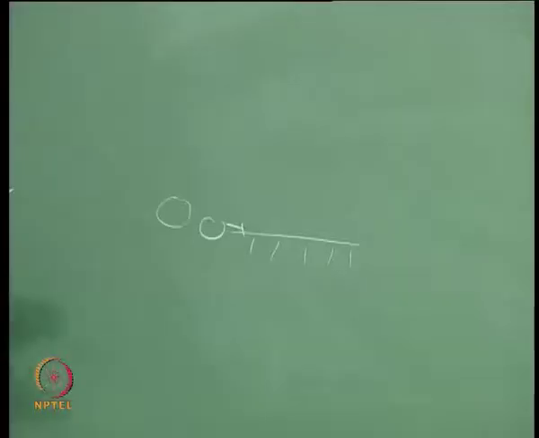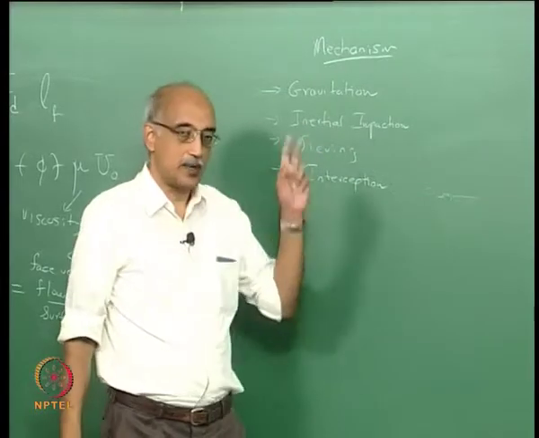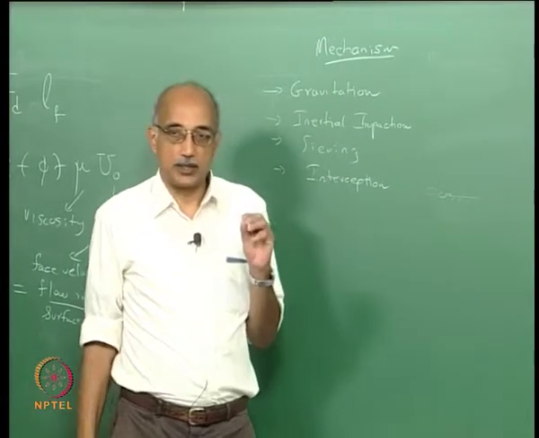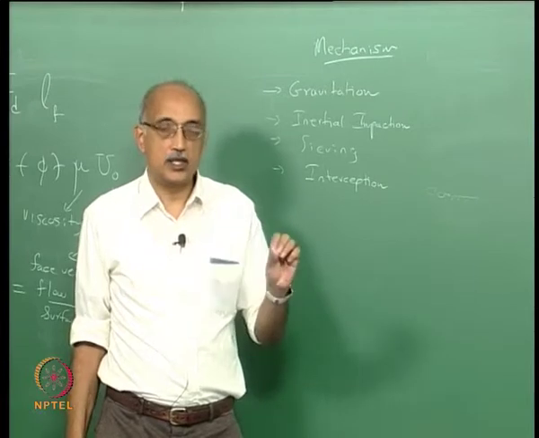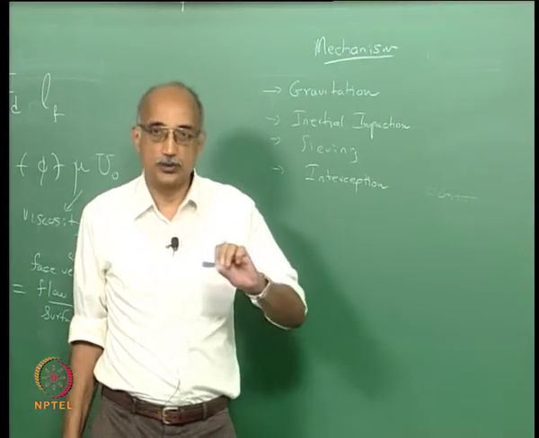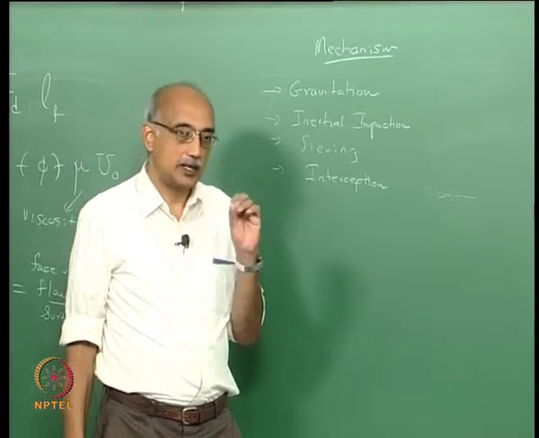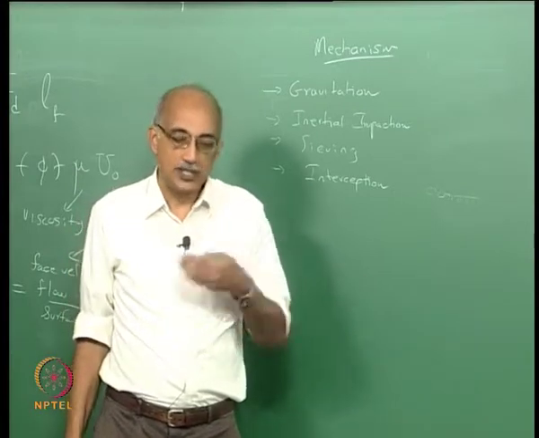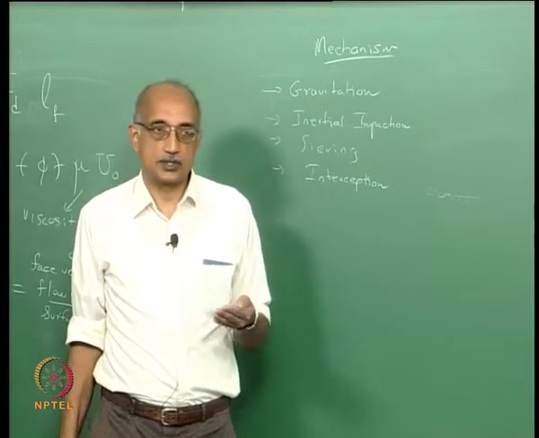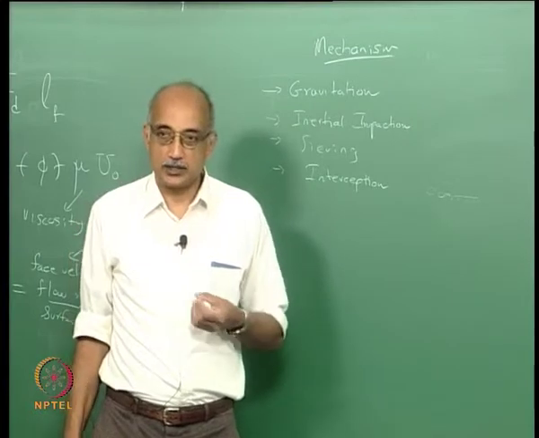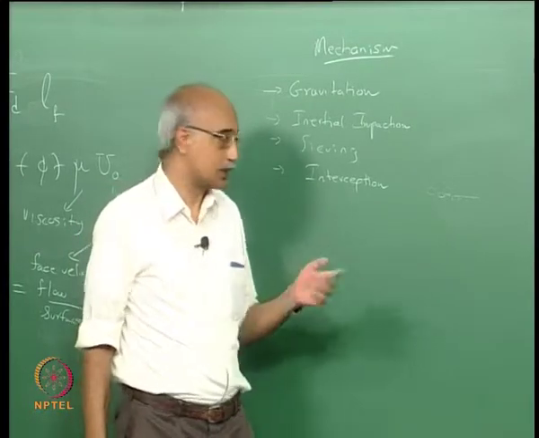So interception again differs from inertial impaction in one main point, that the particles are not deviating from streamlines. They are still following fluid streamlines, but the streamline flow is such that it brings the particle in close proximity to the surface, and therefore the particle gets attached to the surface and gets removed.